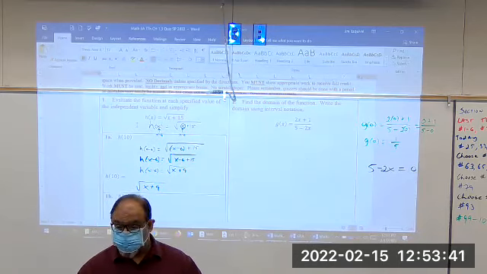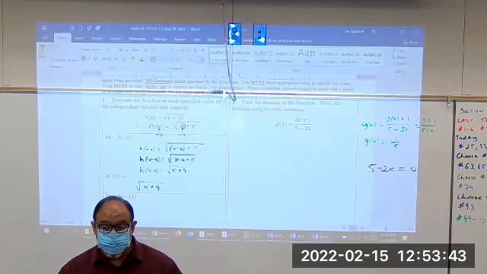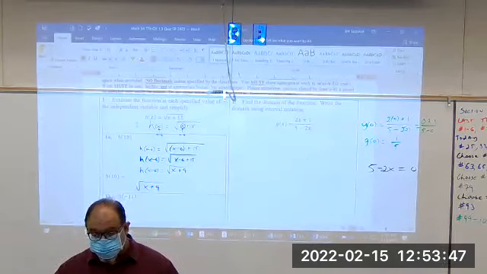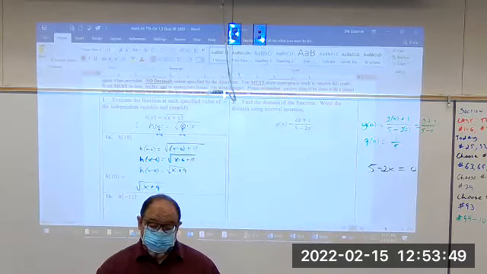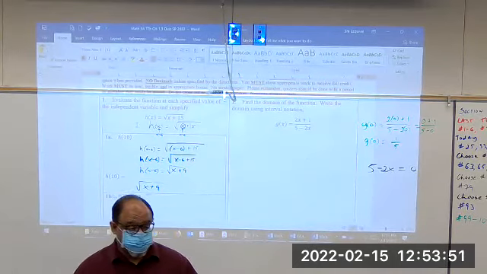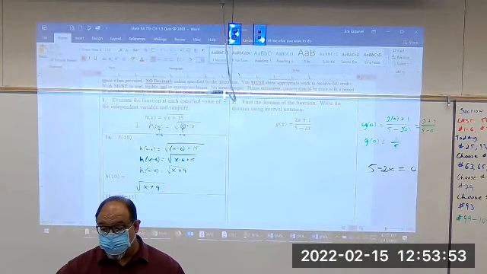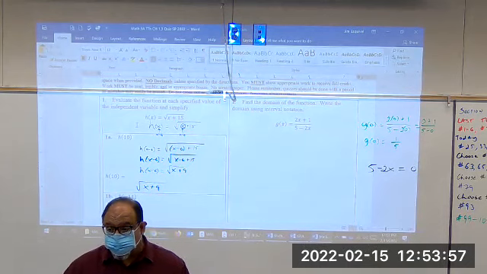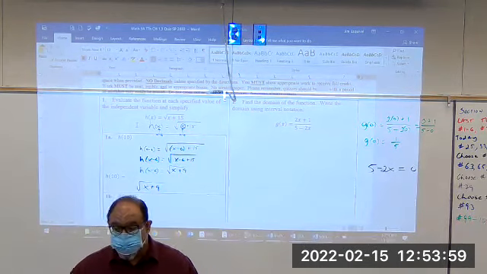That's why a class like calculus is a weeding class. It weeds out the ones who want to be doctors from the ones that will be doctors, the ones that want to be engineers from the ones that will be engineers, and the ones that want to be architects from the ones that will be architects. Because in order to be an architect, you have to be able to pass calculus.